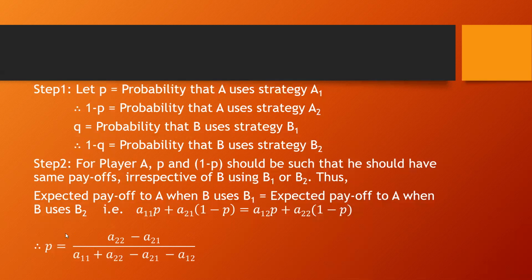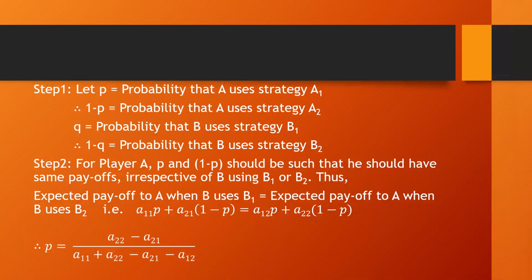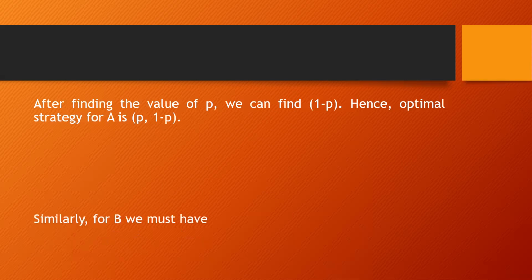Okay, fine. Going ahead, let us see the next formula for finding out the value of Q. Now, if I get the value of P, then finding out 1 minus P is very easy. So the main formulas are given for P and Q. The next step would be to get the value of Q. And as I said, expected payoff to B when A uses A1 is equal to expected payoff to B when A uses A2.